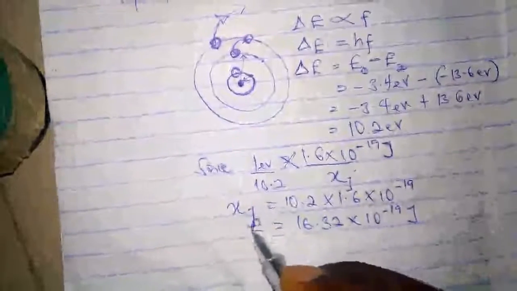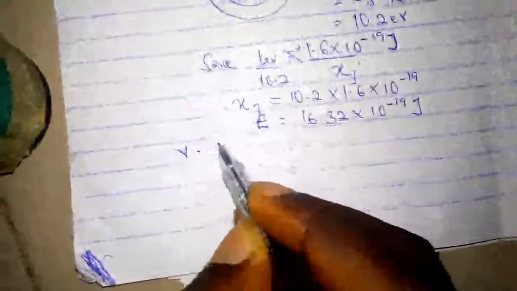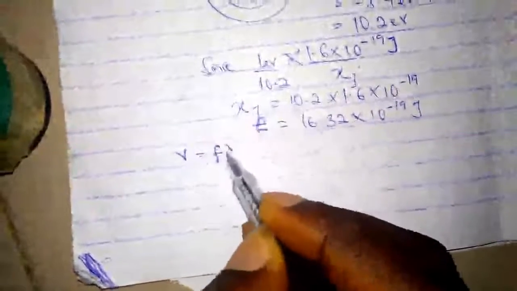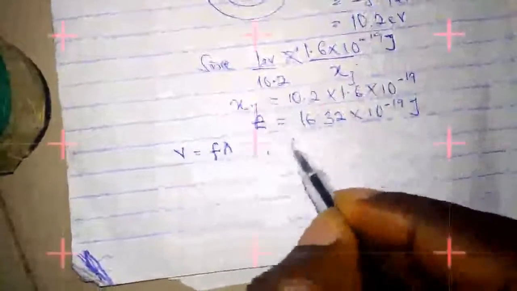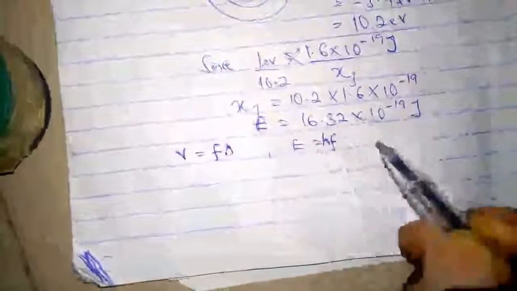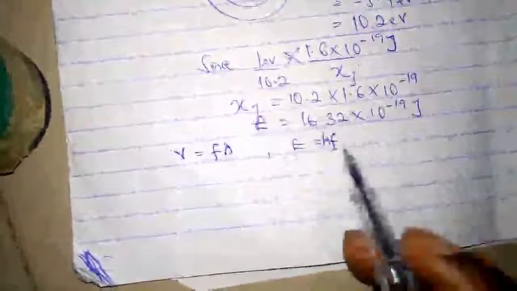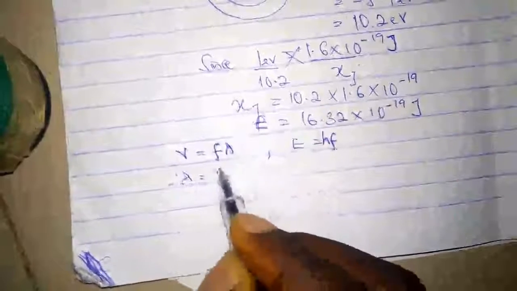Now after getting our energy, from the question we are asked to calculate the wavelength. There's a formula that says velocity equals frequency times lambda. According to that, we have energy equals Planck's constant multiplied by the frequency. We're looking for the wavelength, so wavelength is going to be equal to v over f.